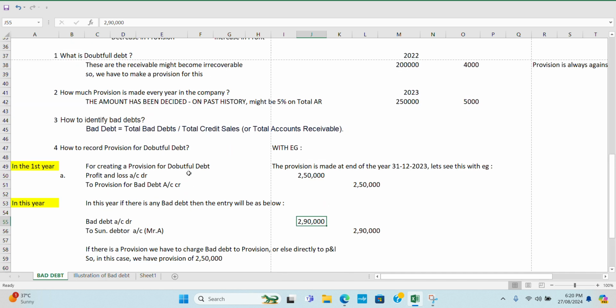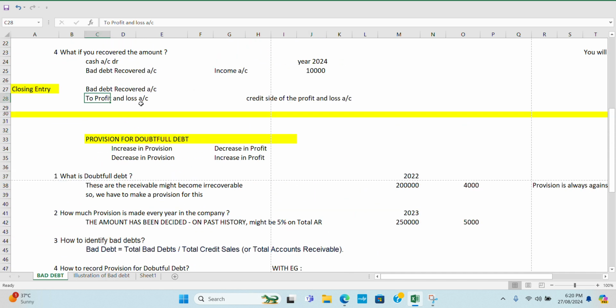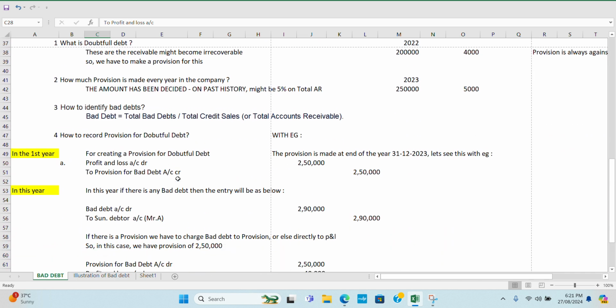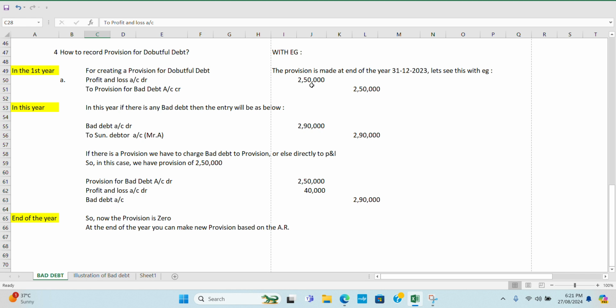How we did over here, we directly charged it to P&L, right? So in this example, we have a provision of 250,000, so you have to charge it back. Provision for bad debt 250,000 account debit, profit and loss account 40,000, bad debt account 290,000.